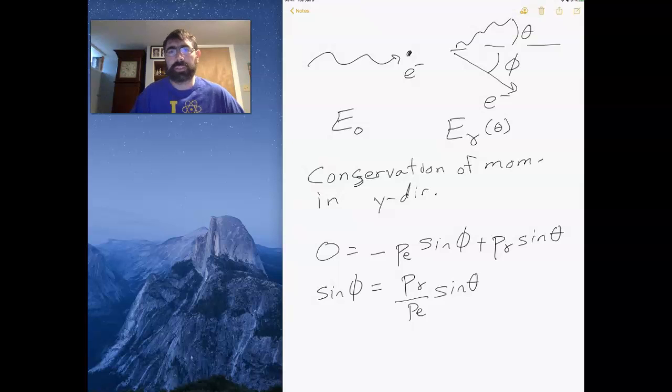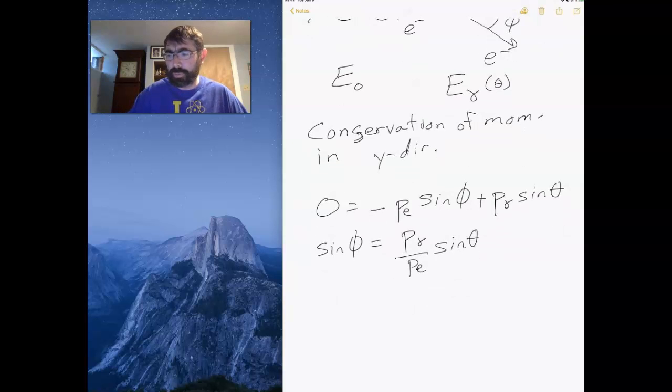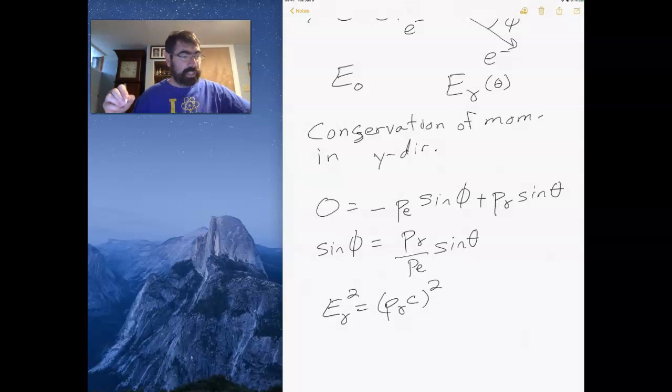Now the photon has no mass, so in this case, E squared is equal to P gamma C squared.